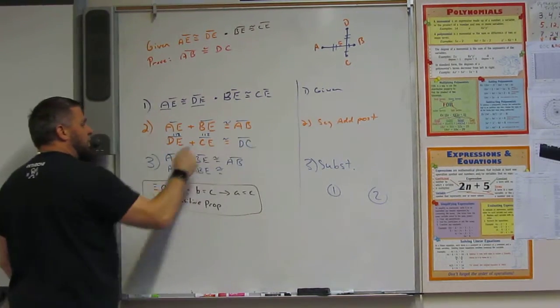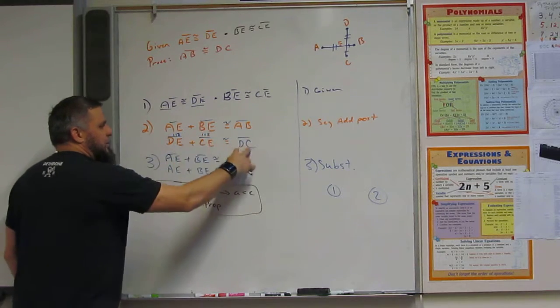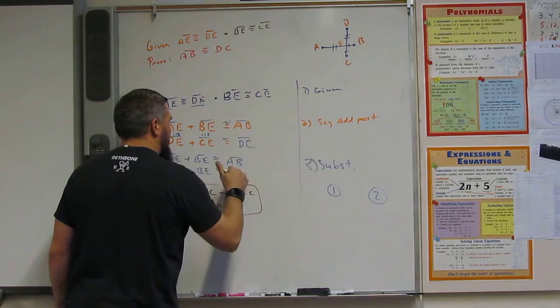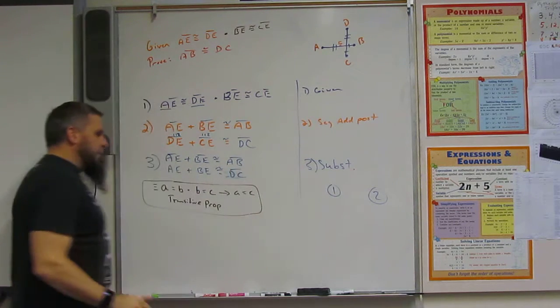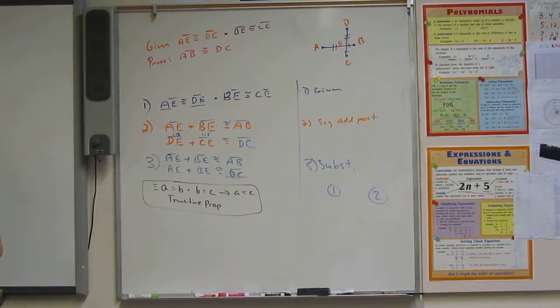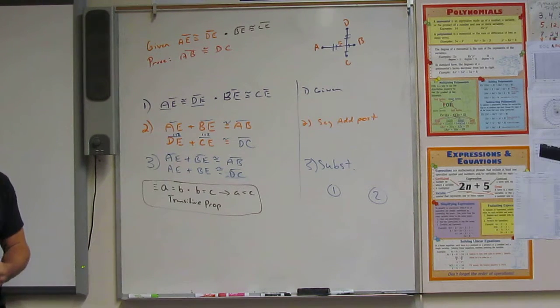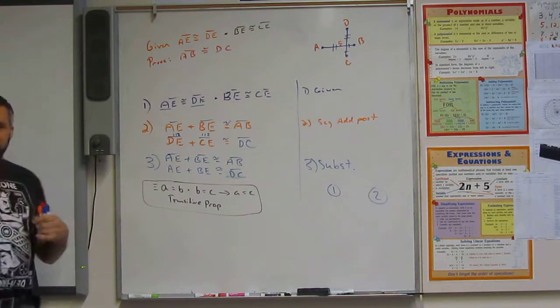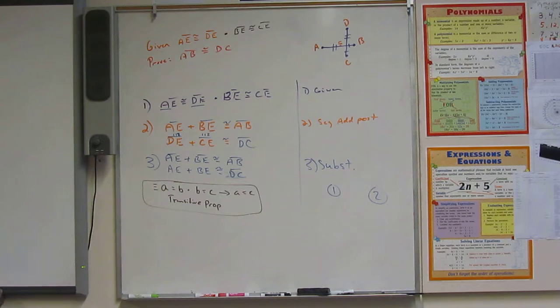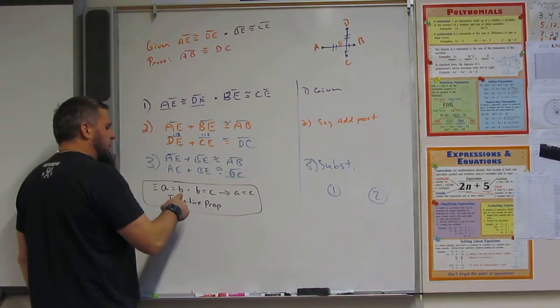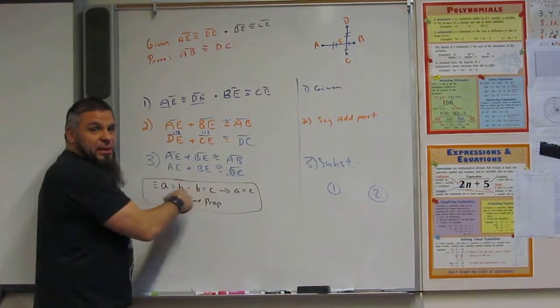So I can say that these two are also congruent to DC, right? And now I can use my transitive property. The way I have to do it is look at it and ask, how can I fit that into my transitive property? See how my B's are the same?